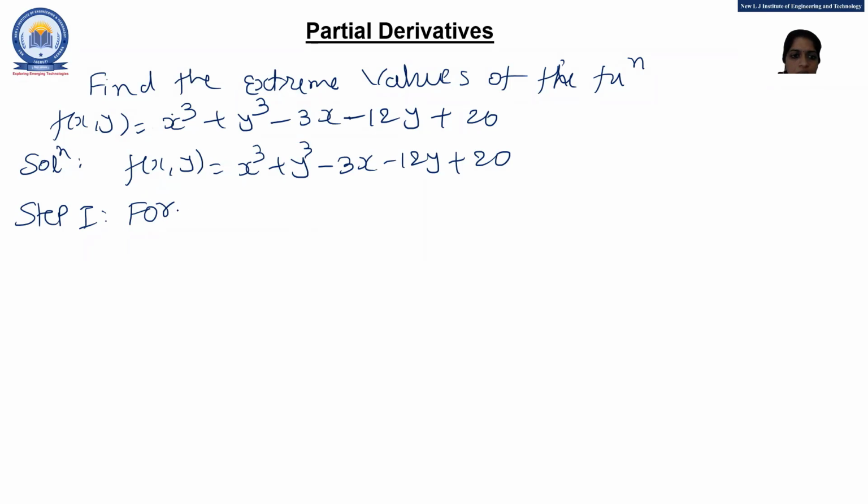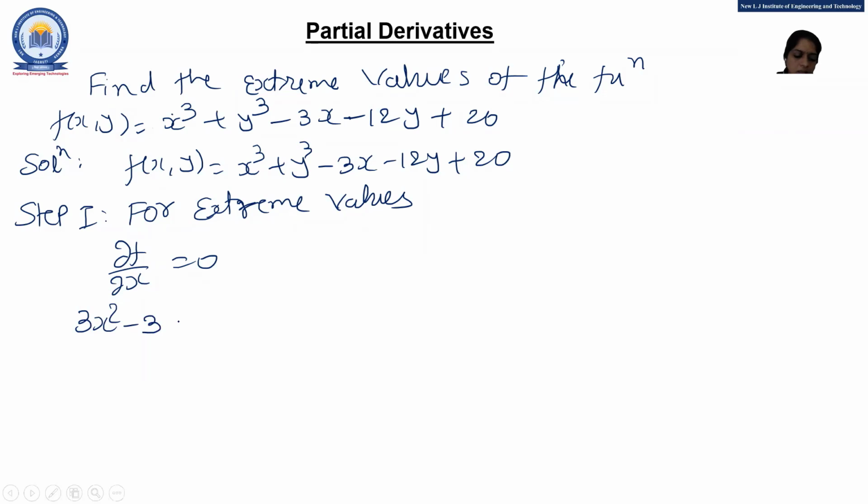For extreme values, first, del f by del x equal to 0. So, what is the first derivative of f with respect to x? That is 3x square minus 3, right? Equal to 0.